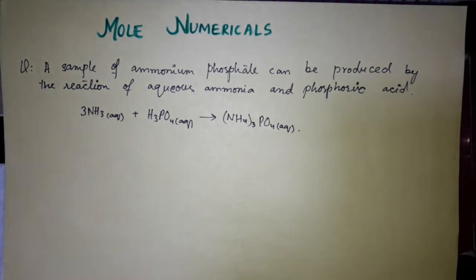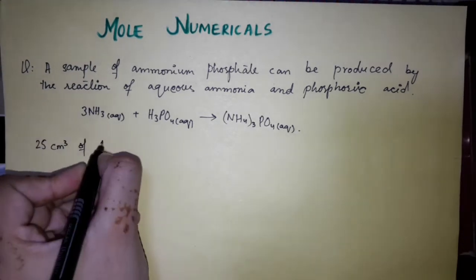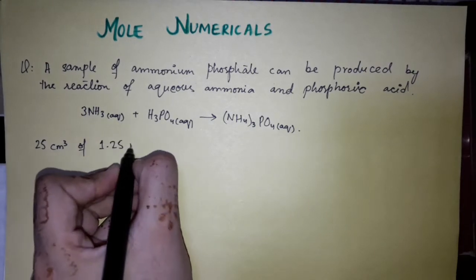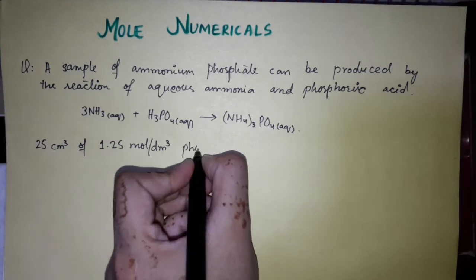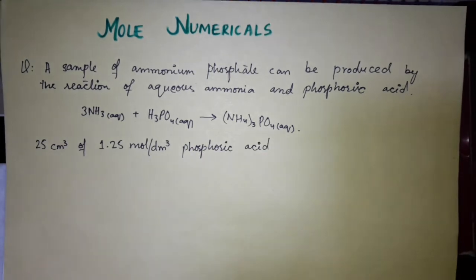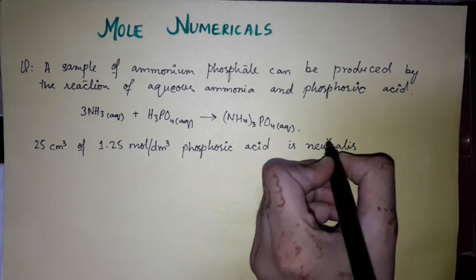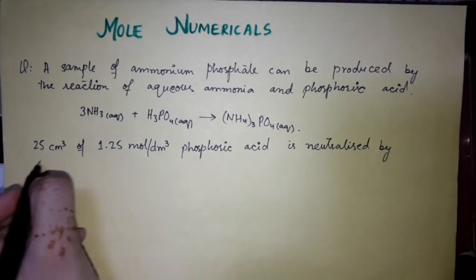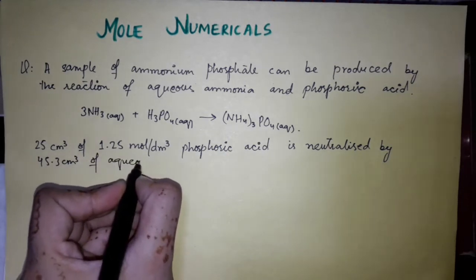So the first part, we are given some volumes and concentrations. 25 centimeter cube of 1.25 moles per decimeter cube of phosphoric acid is neutralized by 45.3 centimeter cube of aqueous ammonia.